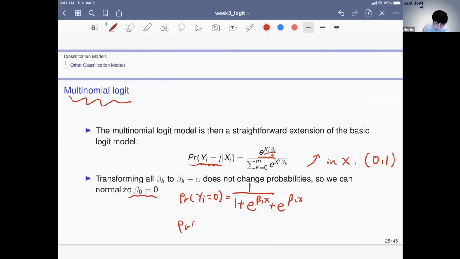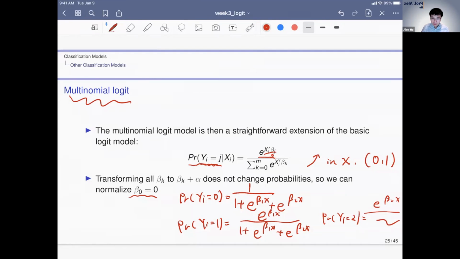The probability of yi equals 1 equals e to the beta 1 x over 1 plus e to the beta 1 x plus e to the beta 2 x. And the probability of yi equals 2 equals e to the beta 2 x divided by the same thing. And then you can see that these 3 numbers sum up to 1.